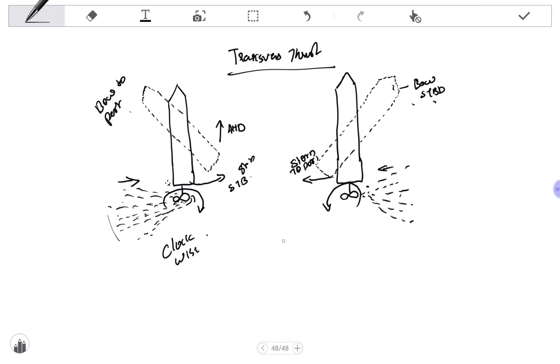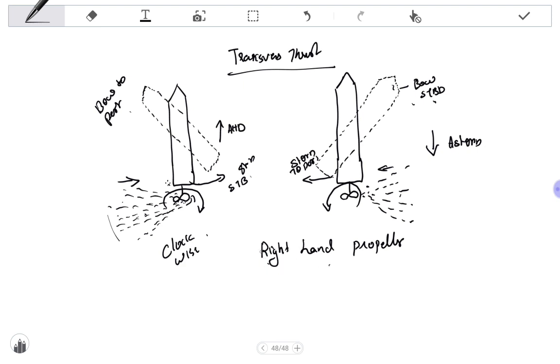This is a condition for a right-handed propeller. So what will happen when the propeller is left-handed?